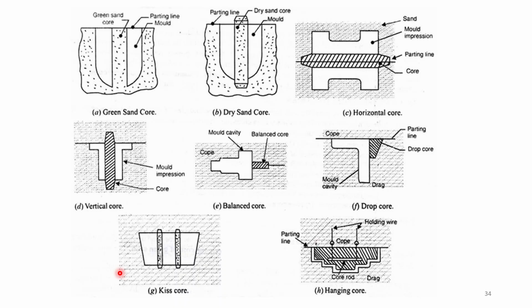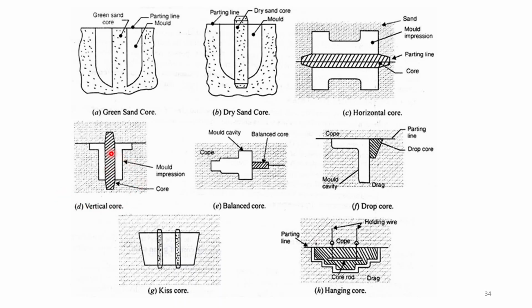Now these are various types of cores. In case of green sand core, it is made of green sand. In case of dry sand core, this core is first kept in an oven to dry it and to remove any moisture from it. So this is dry sand core. It will have very high strength compared to green sand core. Next you have horizontal core. So it is kept horizontally in the casting.